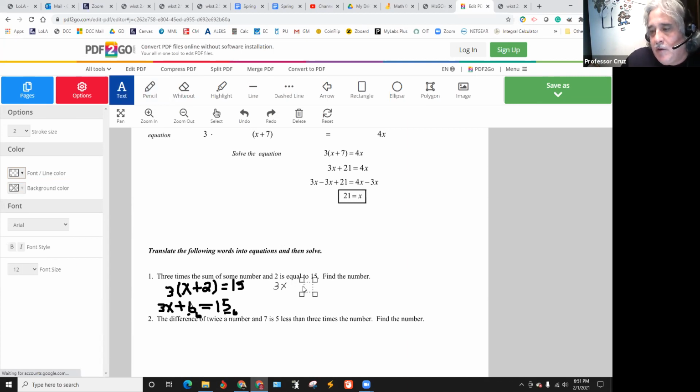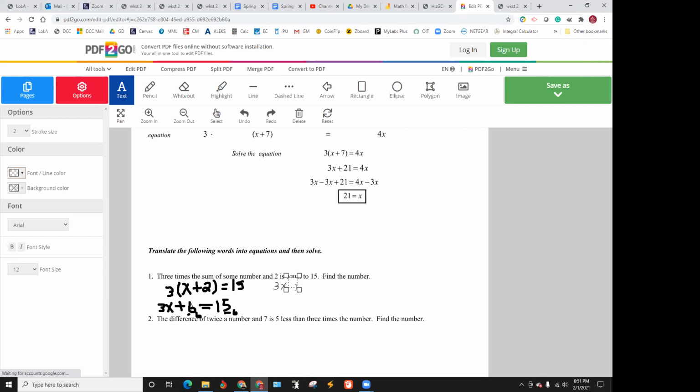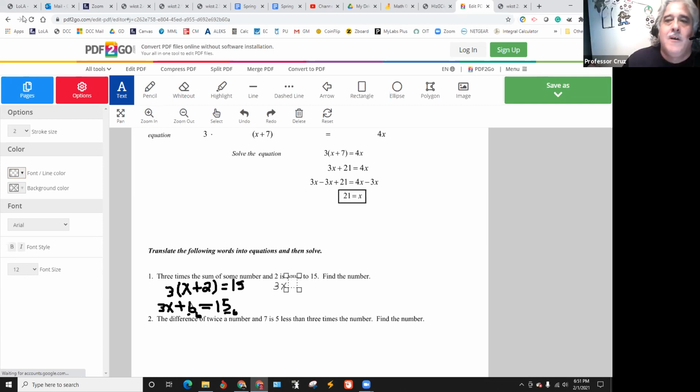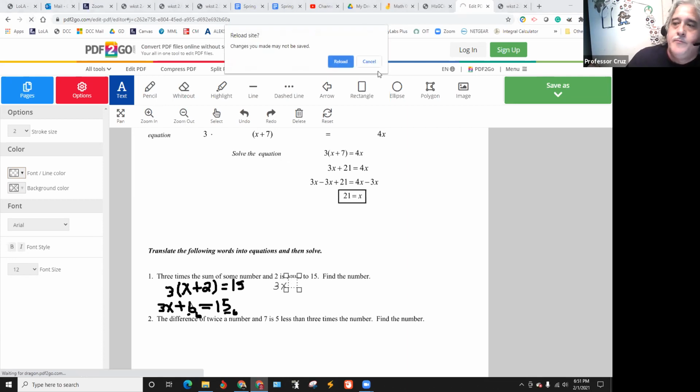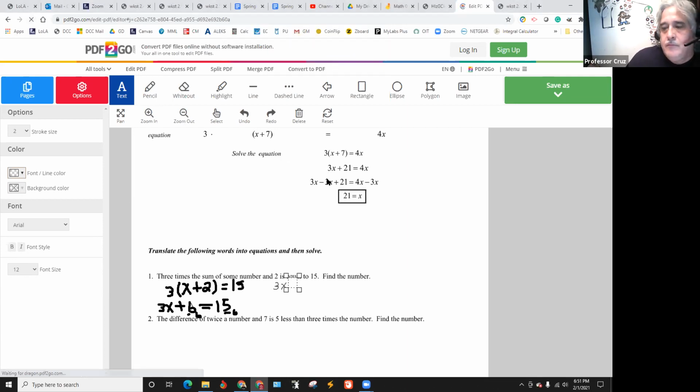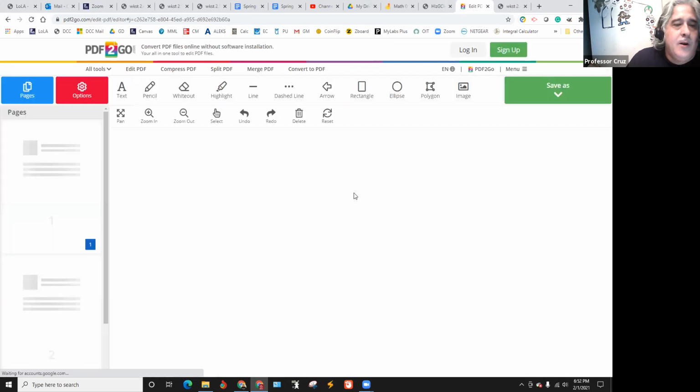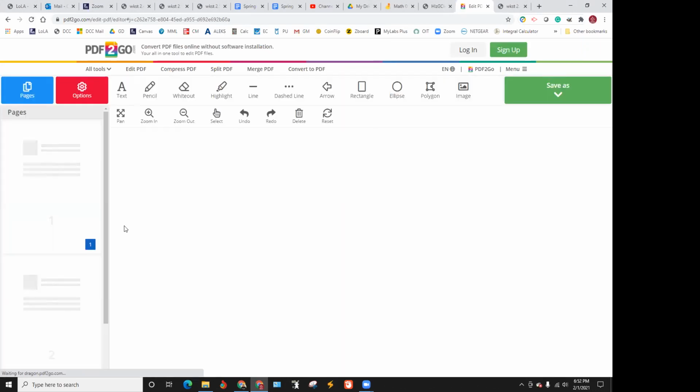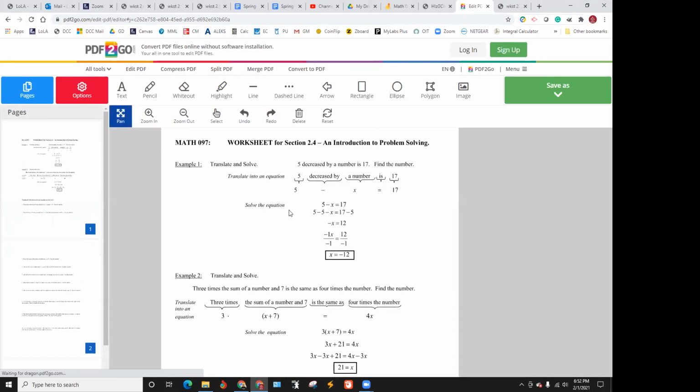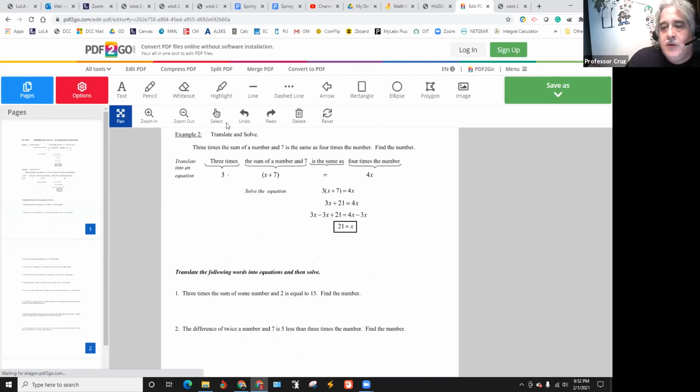I'm just going to write it out. 3x is equal to 9. Yeah, you're right. I don't know why my thing's not working. Do I have to reload this? It just wouldn't write. All right, let's try again.